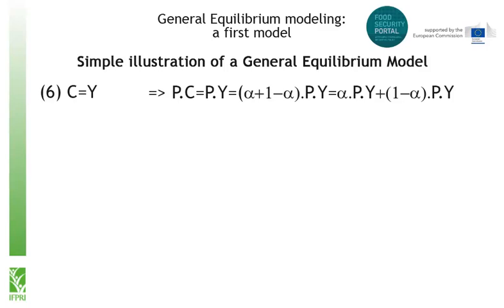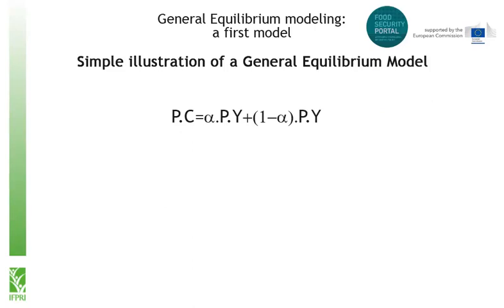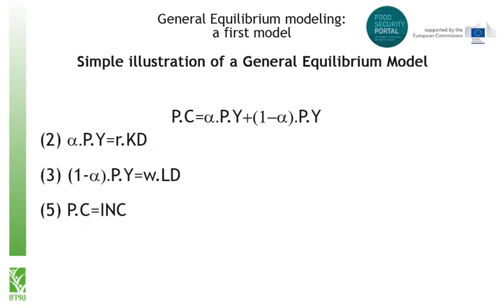So you've got P times C equals alpha plus 1 minus alpha times P times Y, and so you can distribute P times Y, and you obtain a new equation: P times C equals alpha times P times Y plus 1 minus alpha times P times Y. With this equation we are going to include other equations like equations 2, 3, and 5.